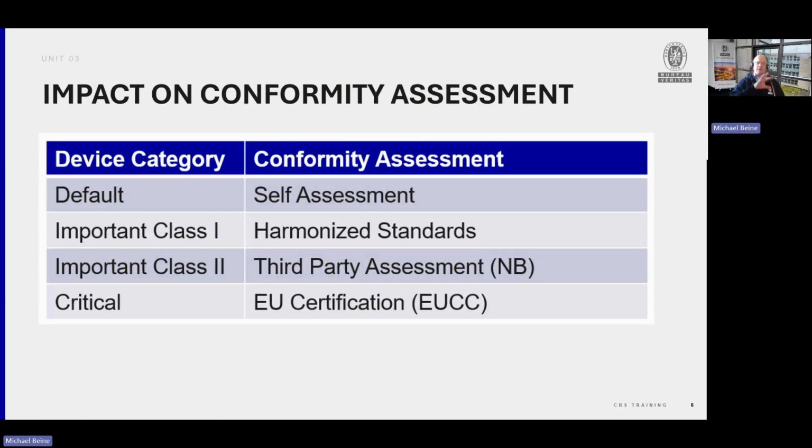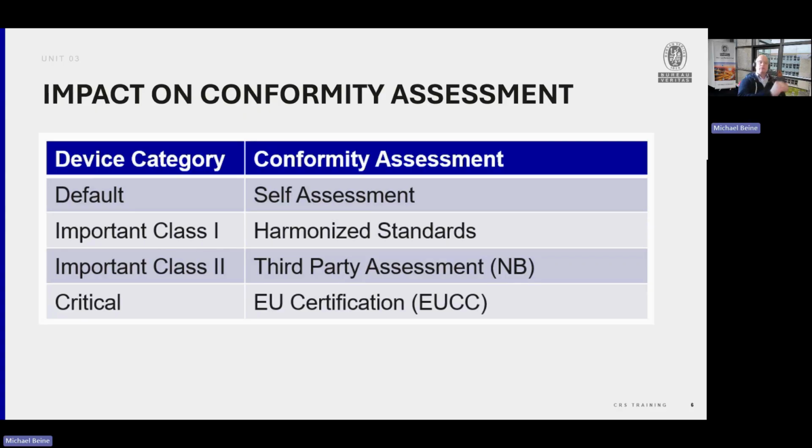So depending on this category, there are different choices to go through the conformity. If your product is default, you can do self-assessment, and you can choose your own standards that you want to follow. You need to explain why you think those standards are applicable and cover the aspects of the Cyber Resilience Act, but then you are quite free to choose any standard that fits to your circumstances and to the CRA.